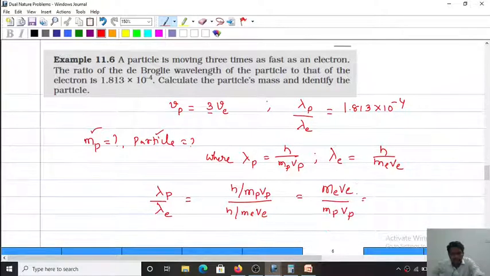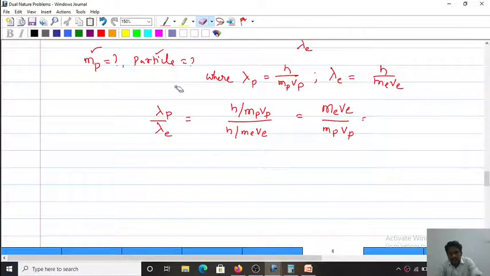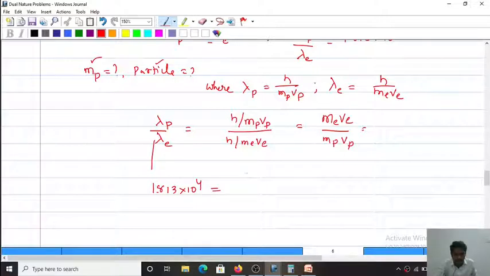The value of lambda p by lambda e is given as 1.813 into 10 power of minus 4, equal to me ve by mp vp.